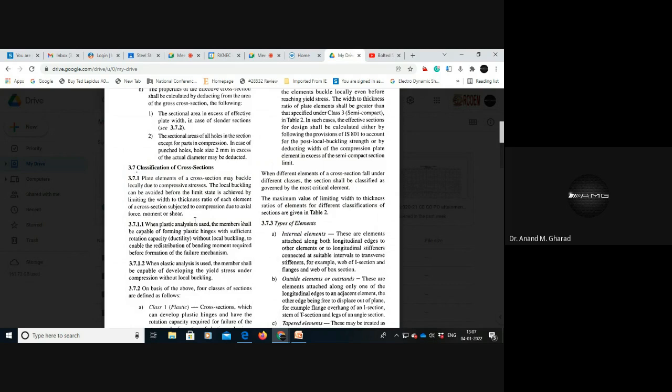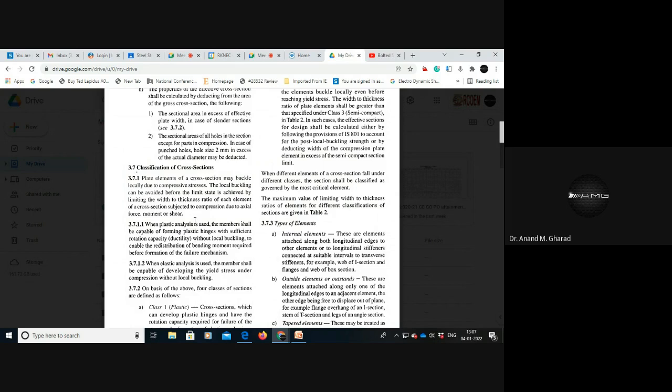These elements you can consider to be separate: upper flange, web and lower flange, three separate elements. So these plate elements may buckle locally due to compressive stresses.